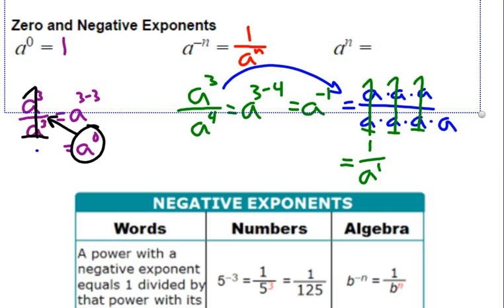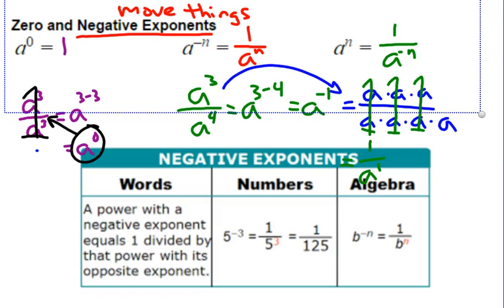I like to say that negative exponents move things. And we could extend this a little bit to also say that a to the n is 1 over a to the negative n. And down here on the bottom, I do have a couple of examples. 5 to the negative third is equal to 1 over 5 cubed.